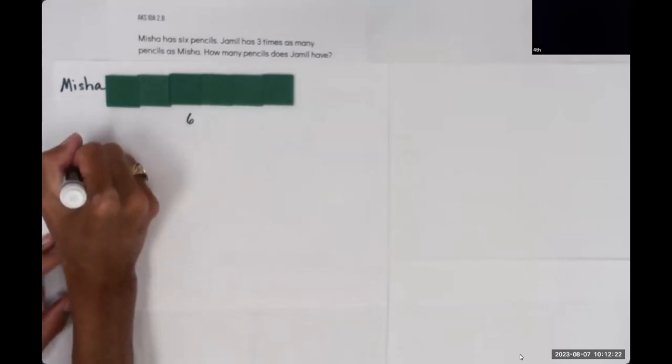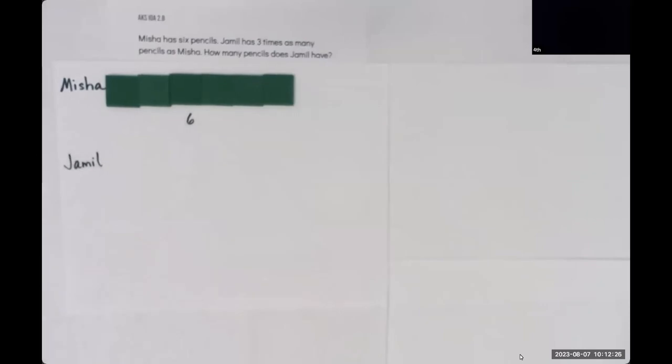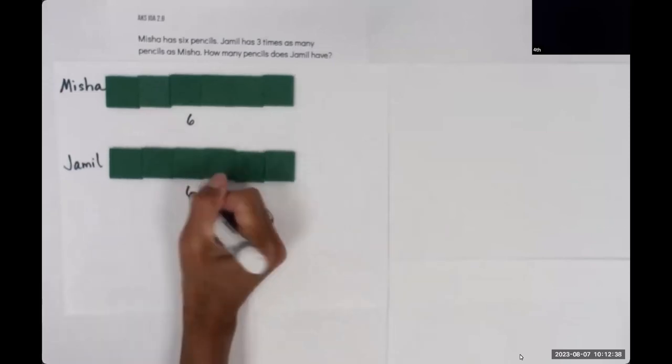All right, Jamil has 3 times as many pencils as Misha. So I'm going to write Jamil. So Jamil has 3 times Misha's quantity. So I'm going to build 6 pencils for Jamil. But then Jamil has 3 times 6.